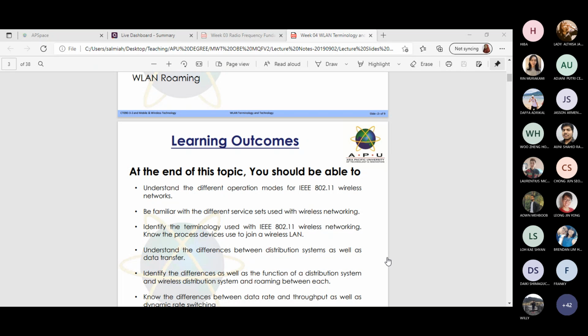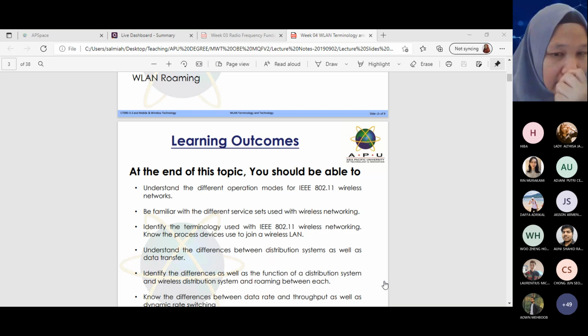This chapter, class, is the second last chapter for the test. I repeat, this chapter is the second last chapter before our test. For your test, the first chapter is review of the core concept. Second chapter, wireless LAN infrastructure devices.